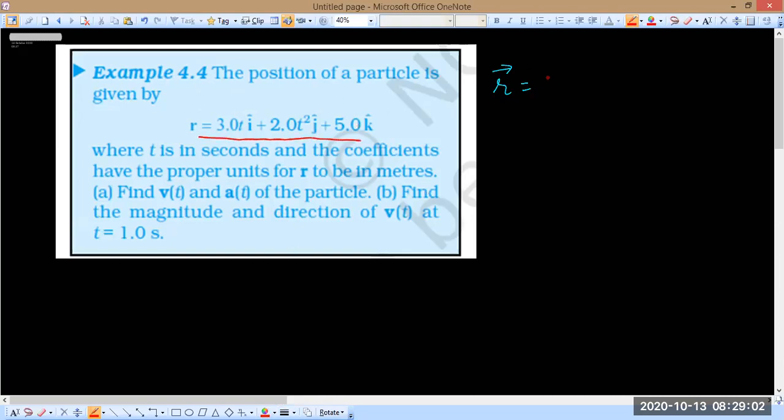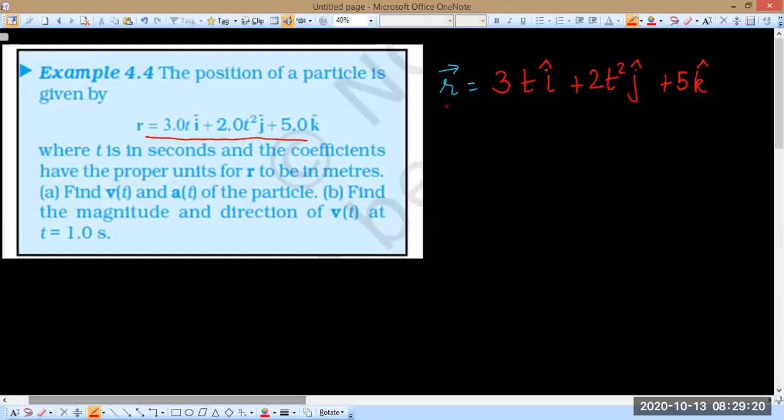So r vector is equal to 3t i caret plus 2t square j caret plus 5k caret. This is given. Now first of all, this is position vector, correct? Can you tell me what is the x component of this position vector?